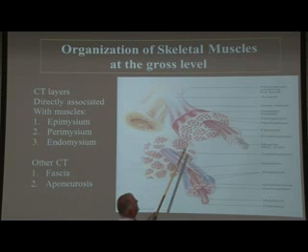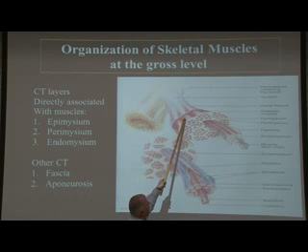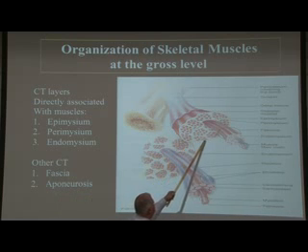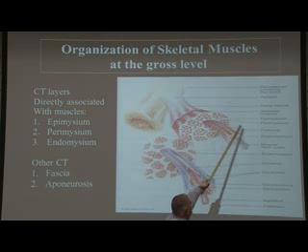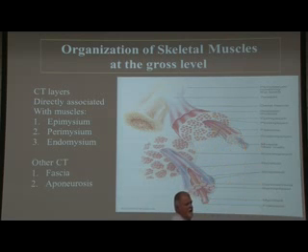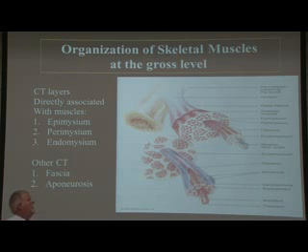So this sheet of connective tissue right here that's going all the way around the muscle, this white thing right here, is the epimysium. And that keeps the muscle as a unique entity. And then all of the muscle cells are bound by that epimysium into the muscle itself.